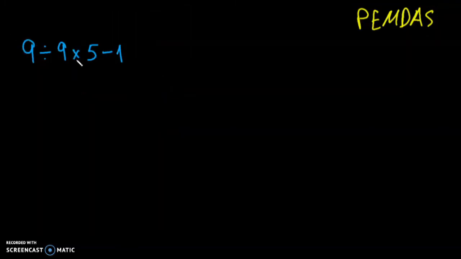The same thing goes for multiplication and division. These two work together, and these two work together. So now, in this case, we have division and multiplication and subtraction. Division and multiplication, or multiplication, division, M is for multiplication, D is for division.